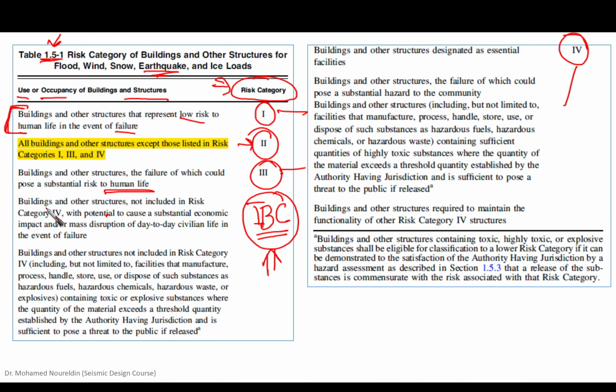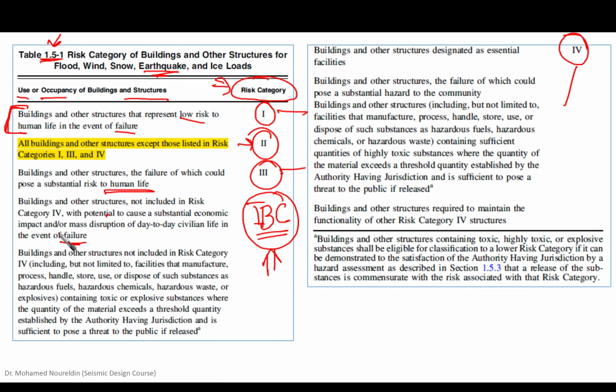Another type is buildings and other structures not included in risk category 4, with potential to cause substantial economic impact and/or mass disruption of day-to-day civilian life in the event of failure.